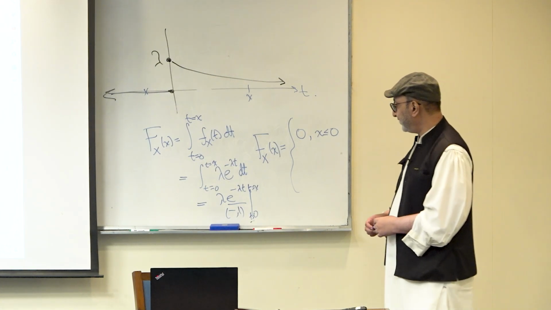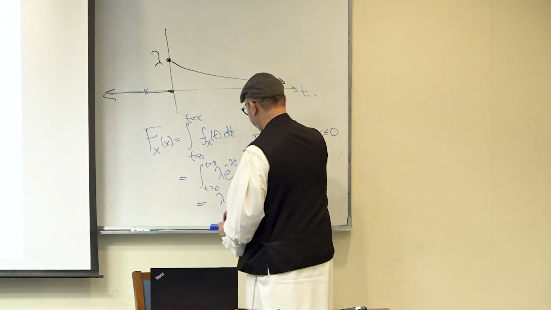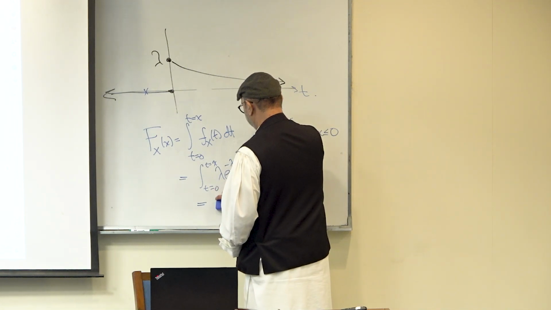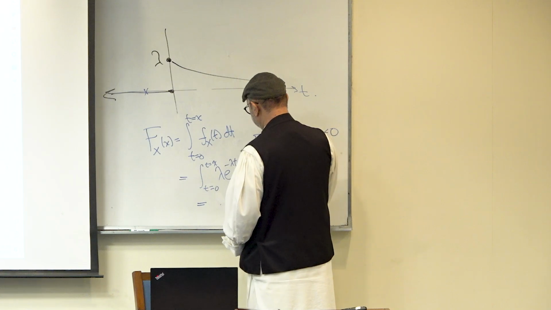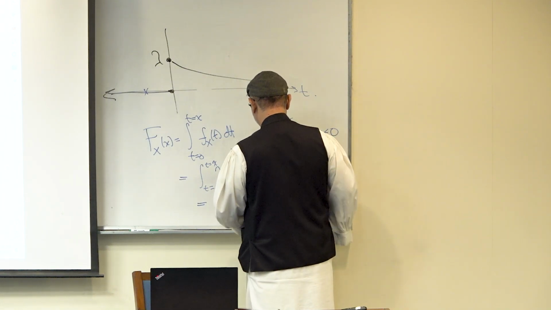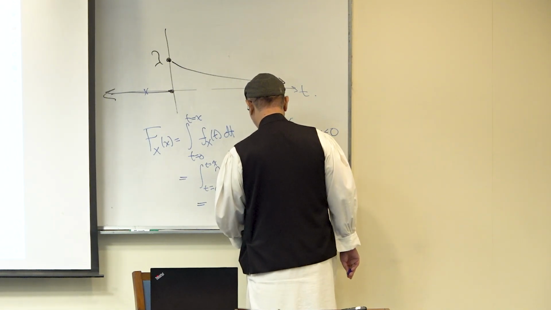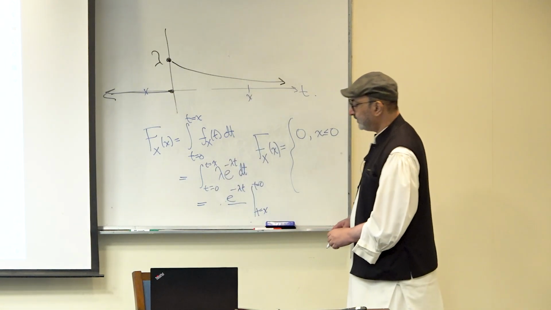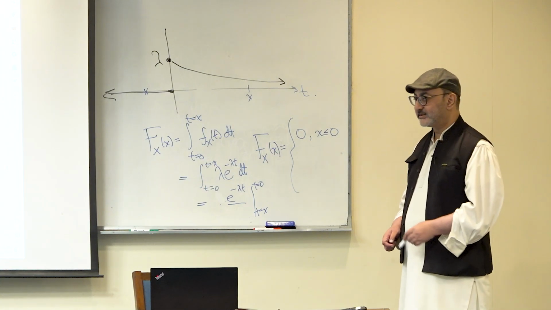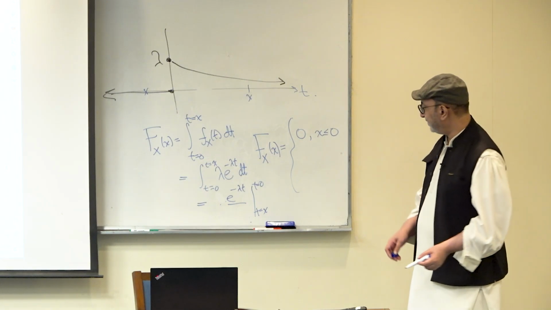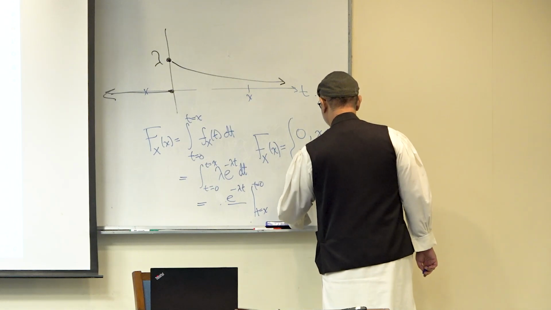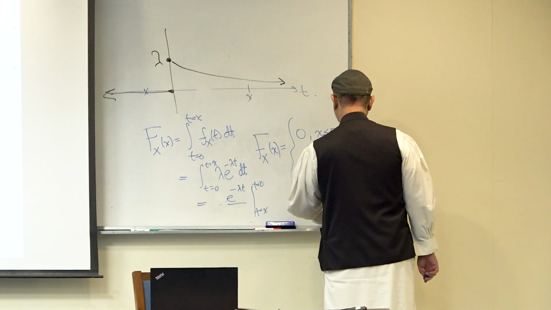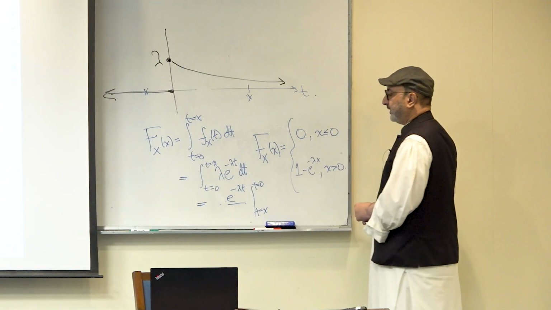Okay, so remember the lambdas are canceling, and we've got a minus sign. So that's the same as e to the negative lambda t evaluated at t equals 0 and t equals x. Right, so that gives you 1 minus e to the negative lambda x, for x greater than 0.